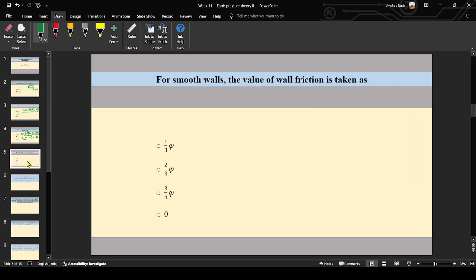For smooth walls, the value of wall friction is taken as what? Now in this case, I will just discuss something. The value of wall friction for smooth walls is taken as del equals 1/3 phi. 2/3 phi is taken for ordinary retaining walls. 3/4 phi is for rough walls.